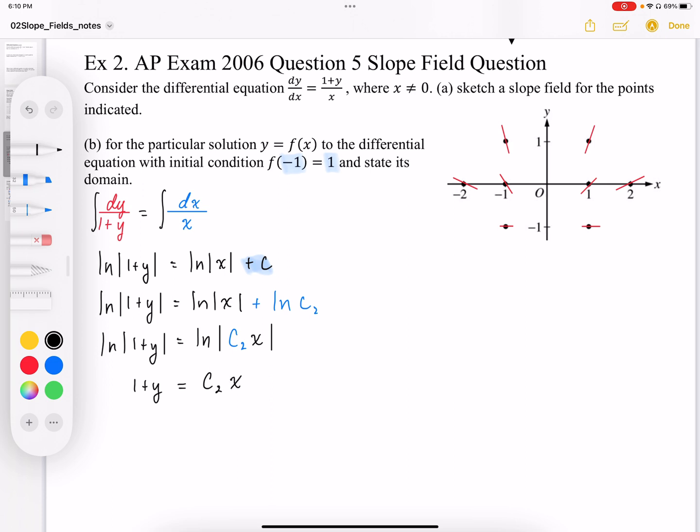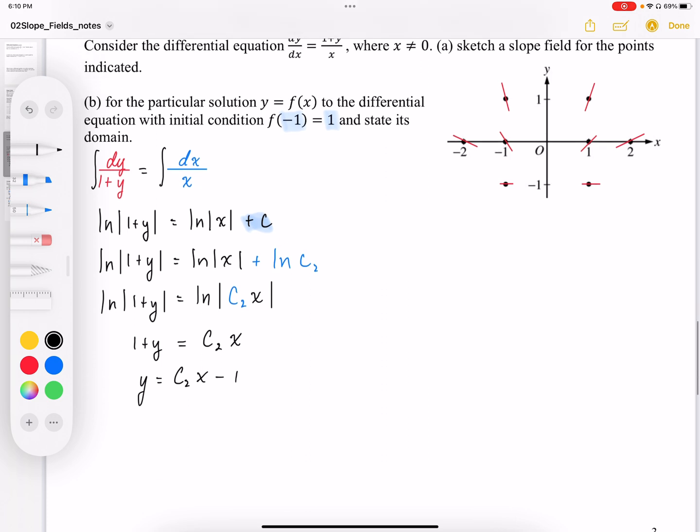and I can then solve for my constant. So I'm going to plug in my x and y coordinate, and I'm going to solve for that constant. So y equals 1. And again, it's not that important that you keep track of that c2.